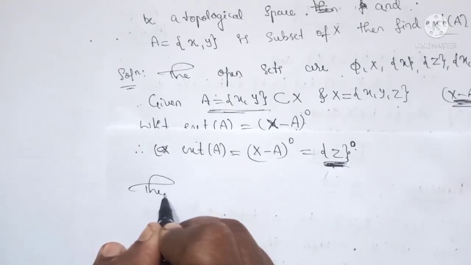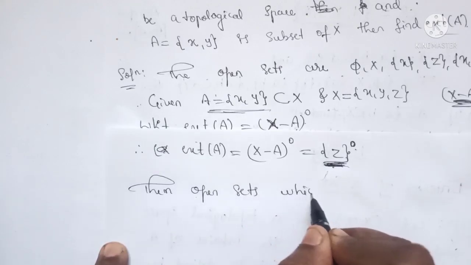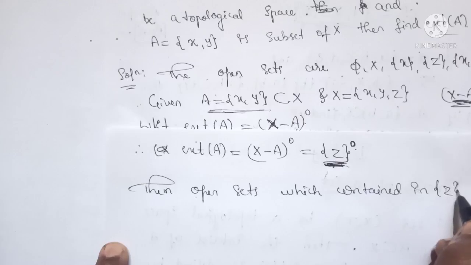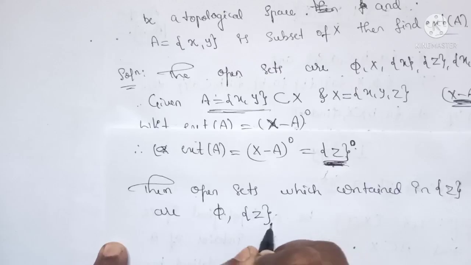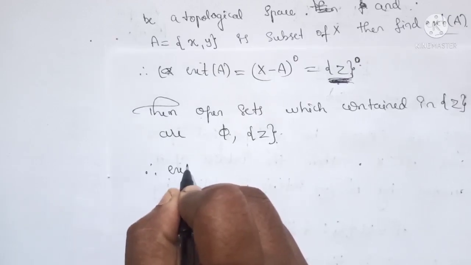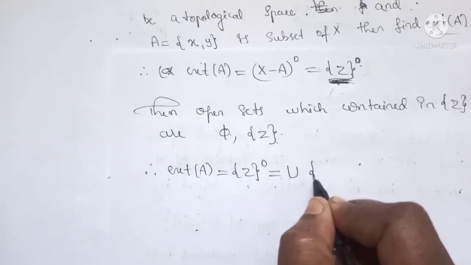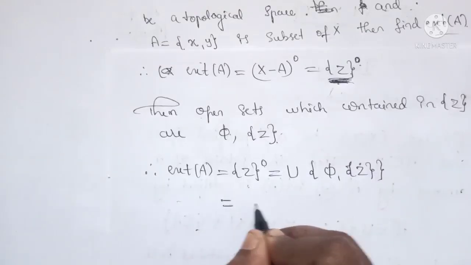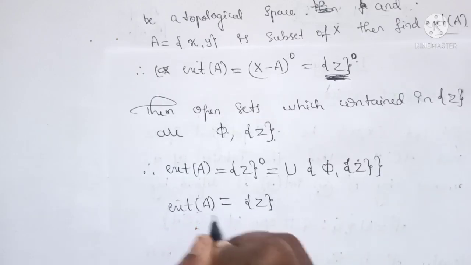The open sets contained in this set {z} are, first, the null set, and the other set is {z}. Now we take the union of these, that is, exterior of A is equal to interior of {z}, which is equal to the union of phi and {z}, which is given by {z}. So now we got exterior of A is equal to {z}.